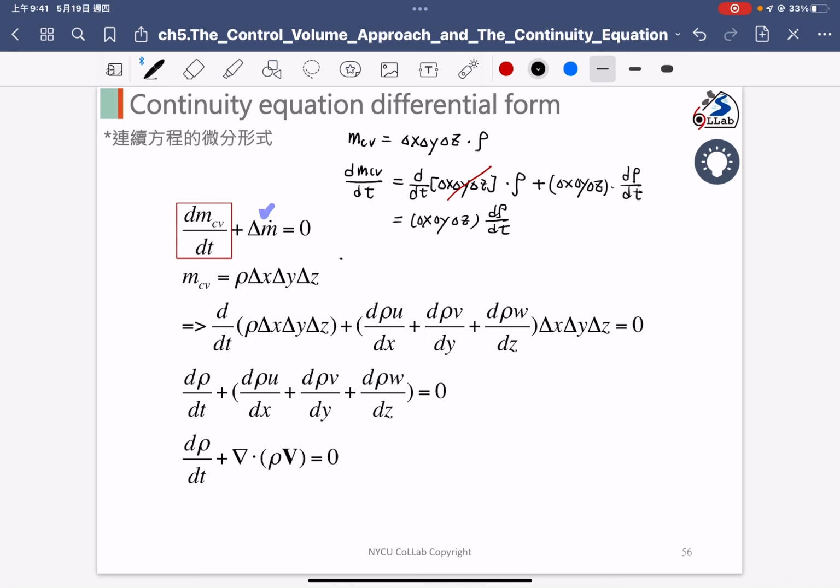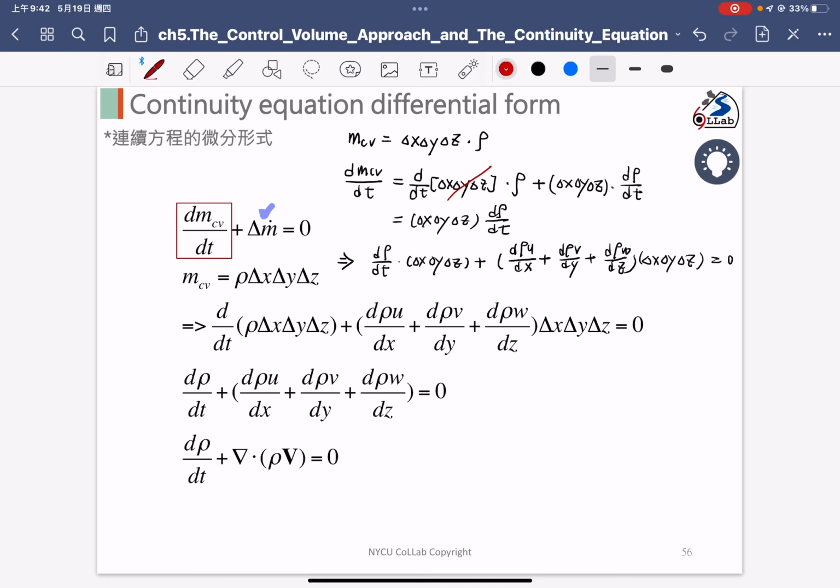So you can put all of the information back into the continuity equation. ∂ρ/∂t multiplied by delta x, delta y, and delta z, which is the item for dMCV/dt, plus ∂(ρu)/∂x plus ∂(ρv)/∂y plus ∂(ρw)/∂z, times delta x, delta y, and delta z, equals 0.